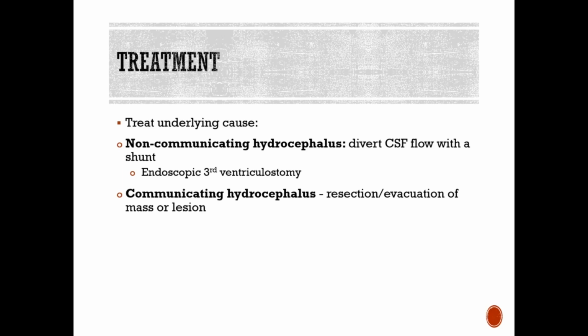So when I'm talking about diverting that flow, often you'll see a ventricular atrial or ventriculoperitoneal shunt used with obstructive hydrocephalus. A small opening is made in the floor of the third ventricle, allowing CSF to flow freely through that previously blocked ventricle. So I'm going to go over those different types of shunts on the next slide.